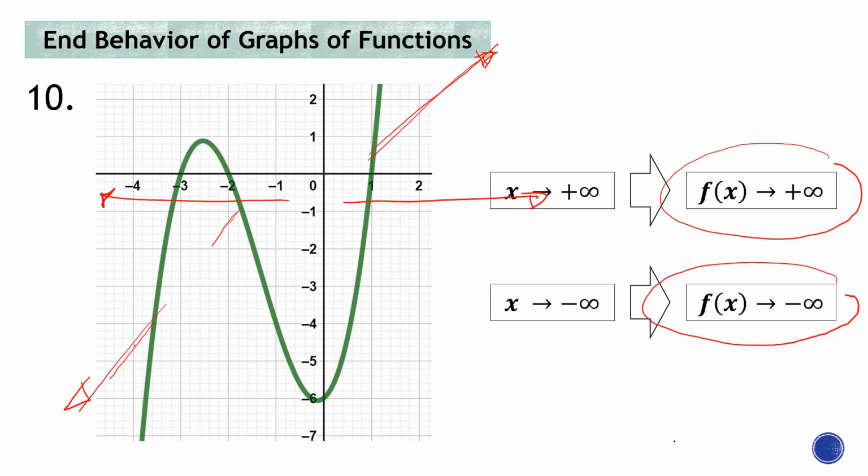Another possibility is that it is going towards a certain number, a value of y. Okay, so normally it's an exponential function. And another possibility, and last but not the least, of course, is the end behavior does not exist. Okay, so those are the four possibilities you need to remember.